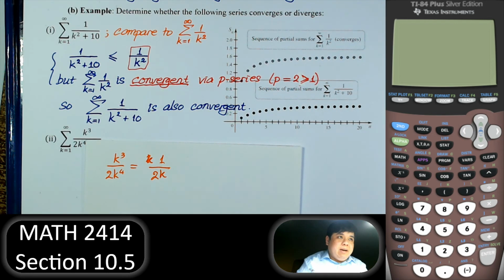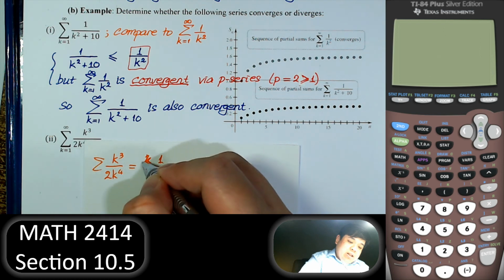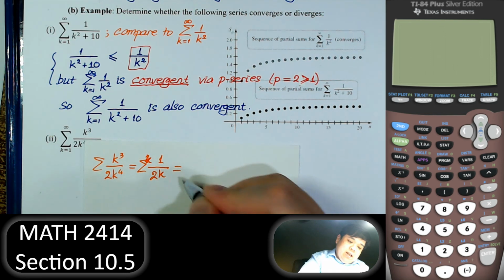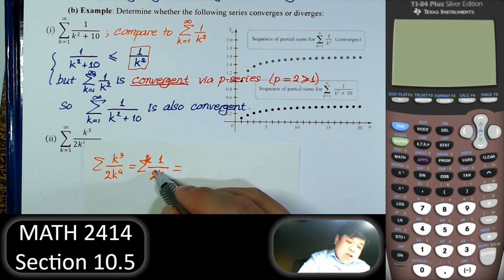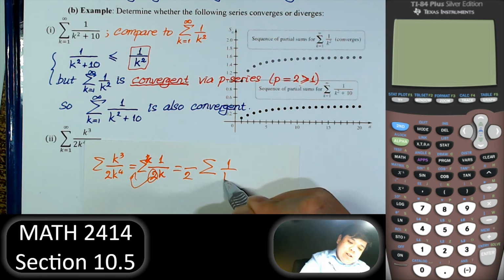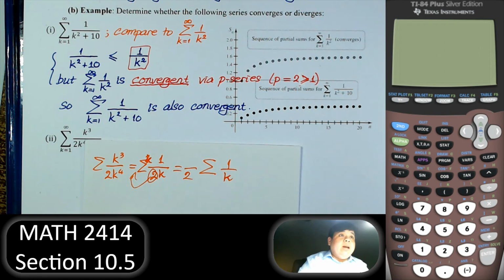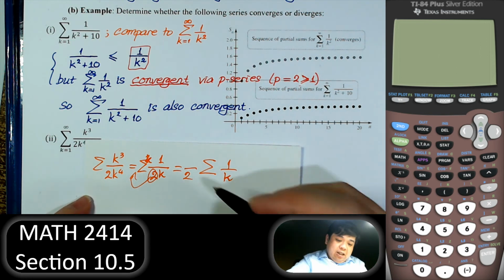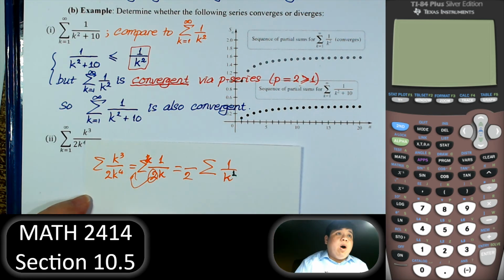And what's that? Now if it's actually a series, then we can take the 2 on the outside, right? What we have here is a P series where P equal to 1. If P is equal to 1, it is divergent.